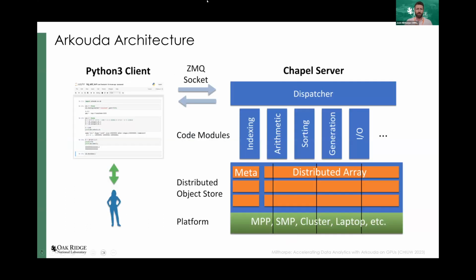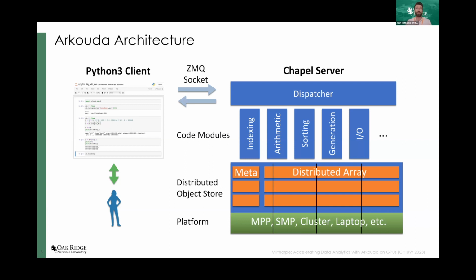Okay, so really briefly, the Arkouda architecture, as you might well know now, is based around a Python client. So the data scientists write Python as they used to, as they love. But behind the scenes, we're communicating with messages over ZMQ to a Chapel server, which represents Arkouda arrays as Chapel distributed arrays, and implements all of the core operations on our arrays as distributed algorithms over our cluster.